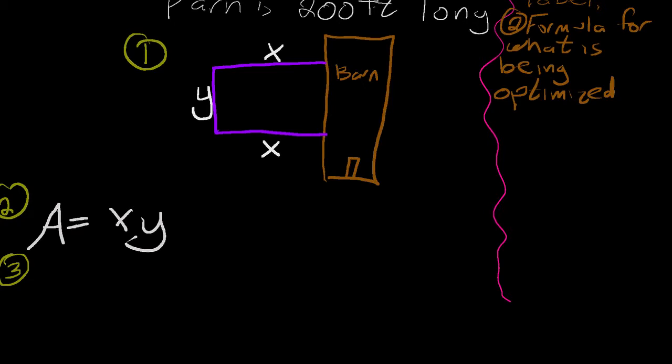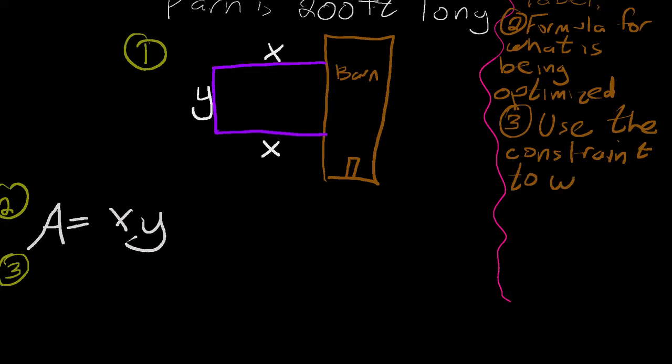Basically what you do is you're going to use your constraint. You're constrained by something always, and you're going to use that constraint to write your formula in terms of one variable.